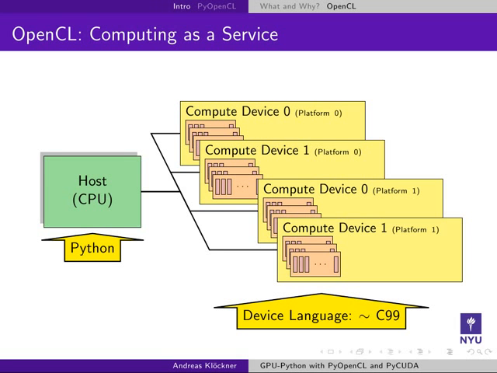Or it has a non-empty intersection. I was corrected once with C99. Right. So that's the picture, and that's where PyOpenCL comes in. It allows you to do all this fancy computing on CPUs, GPUs, what have you, from Python.